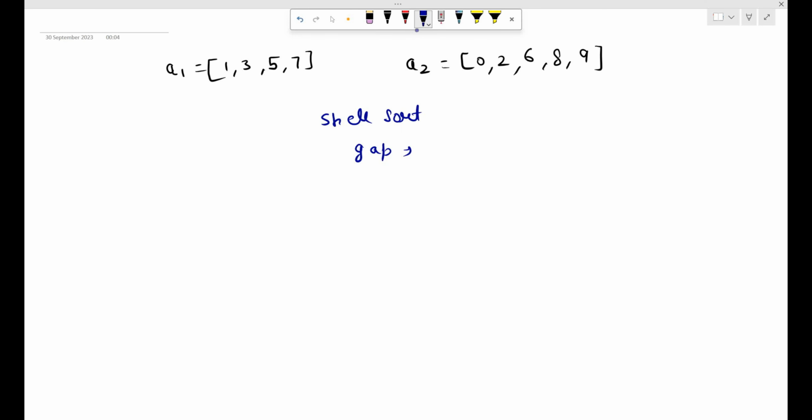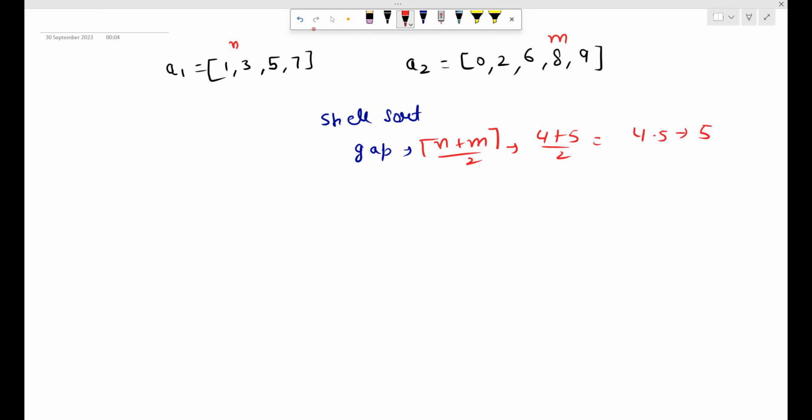Assuming the length of this array is n and this length is m, the gap is the ceiling of n plus m by 2. In this case, n is 4 plus m is 5, divided by 2, which is 4.5, and the ceiling is 5.